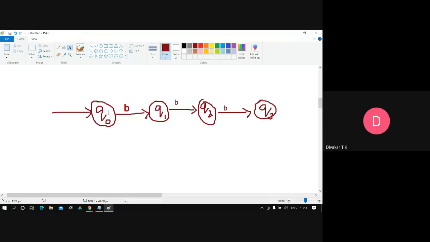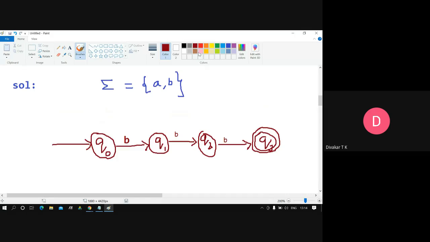Okay, great. Now minimum 3 Bs are written, so that's why it's easy and efficient, and it's pure common sense to make Q3 the final state. How to make a final state? Double circle.